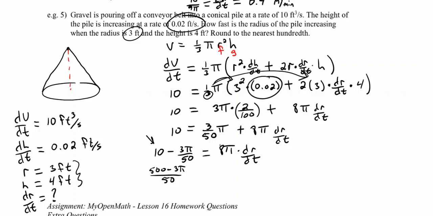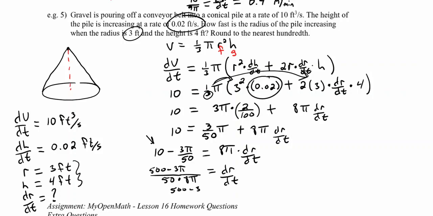At the same time, I'll bring the 8 pi over to this side too, so the 8 pi is in the denominator, equal to dr/dt. Then 50 times 8 is the last thing I can do here.